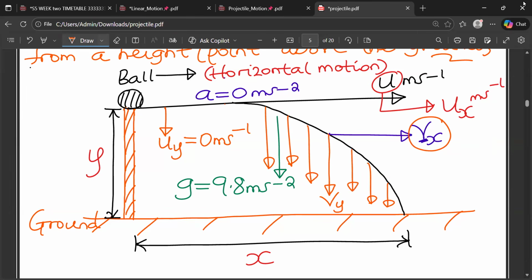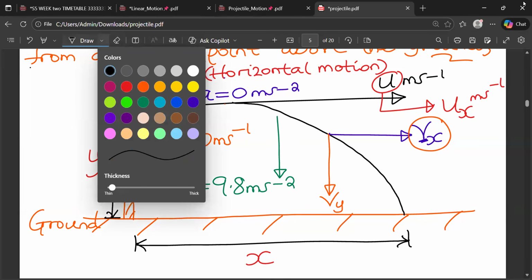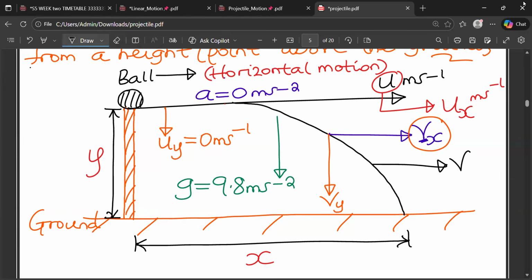You understand? That's why even if we are to sketch, all of us will sketch this at different points of our diagram, and we shall still be calling it Vy. So have those simple principles. They are the ones that make things hard. You having this Vx, but you cannot tell that this one is also Vx, simply because these two are parallel, and it is clear with our naked eyes. When you're having Vy here, but you cannot tell that this one is Vy, even when the line is shorter.